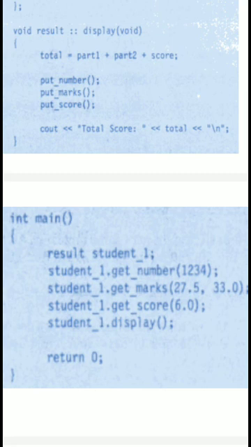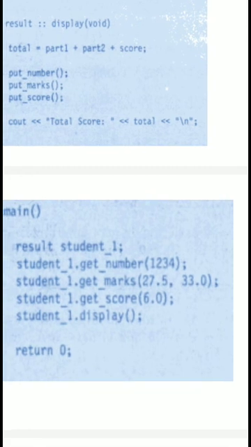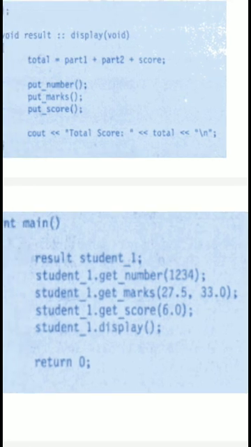Get number, get marks and get score will call the relevant member functions by supplying the values which we have used inside the function call. And ultimately it will display the total marks, roll number, marks and marks in sports.